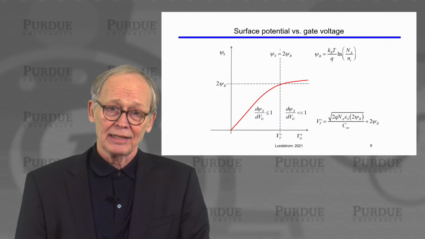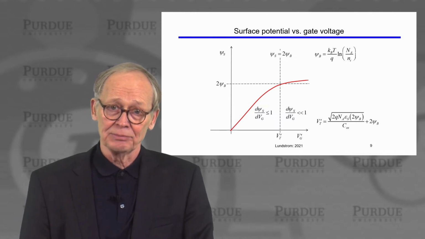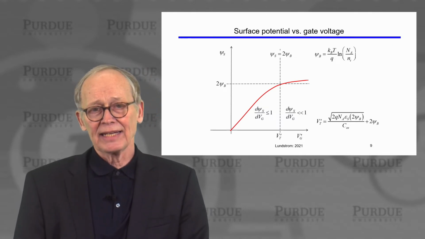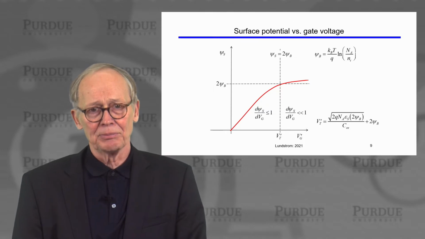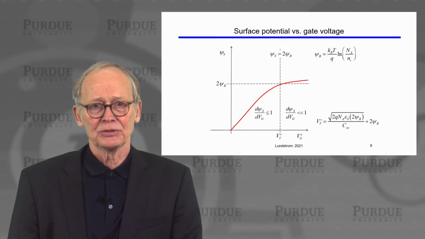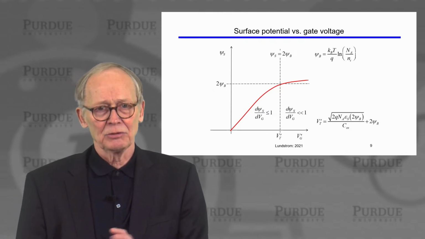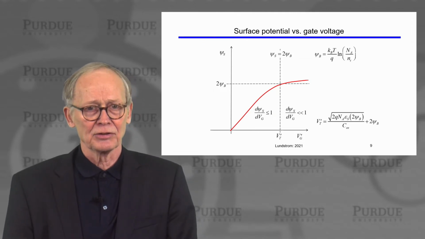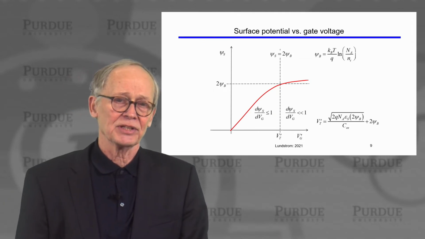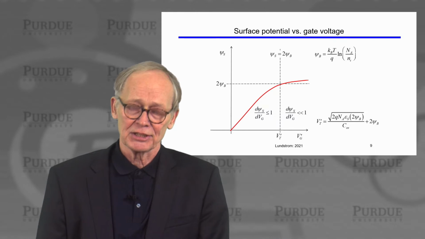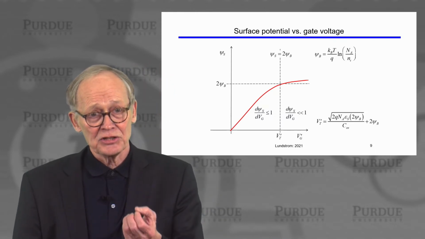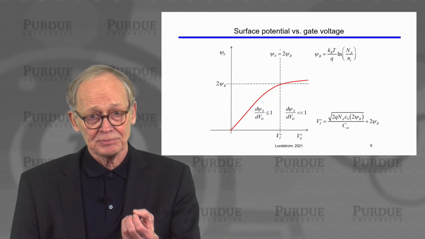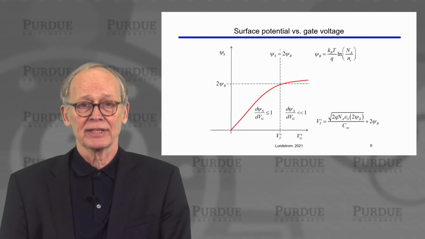Now, when we continue to apply gate voltage and bend the bands more, what we find is that it is very hard to bend the bands much beyond 2 psi b. We'll bend them a little bit, a few kT, but it is hard, no matter how large the gate voltage is, to bend them by very much. That's because the charge is piling up exponentially, the electron charge in the inversion layer.